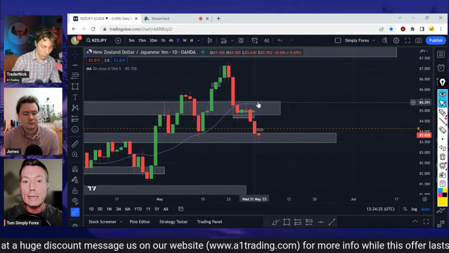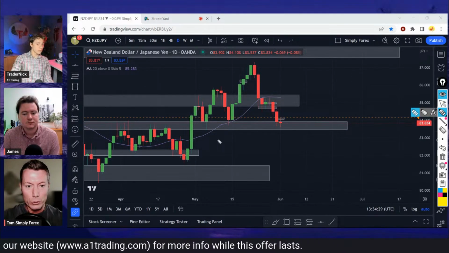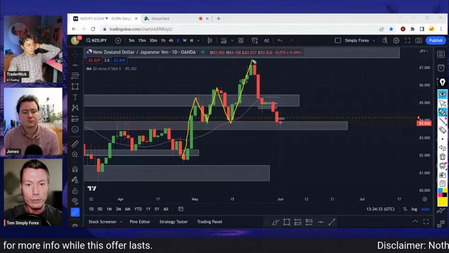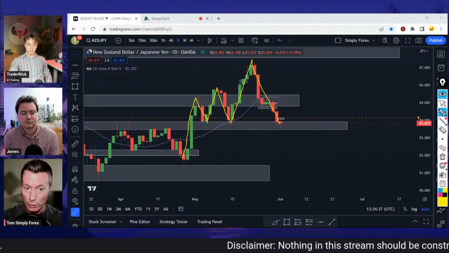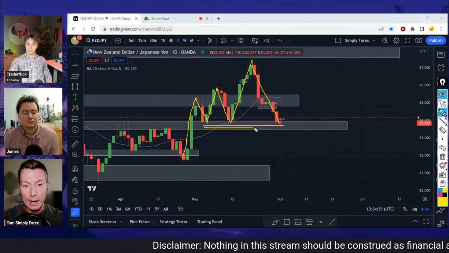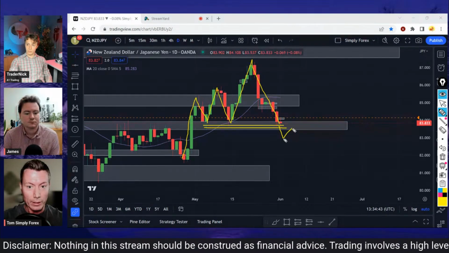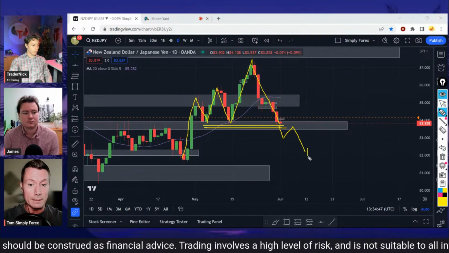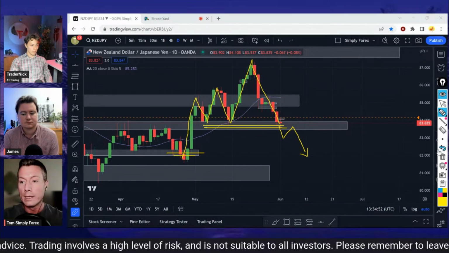So New Zealand yen, on the day chart, you can clearly see we are still in an uptrend, and for me, this upward structure will only change when we get a break of these lows. If we get a break of these lows, guys, then I'm not interested in buys. I'd be more interested in shorts to potentially come down to some of these levels.